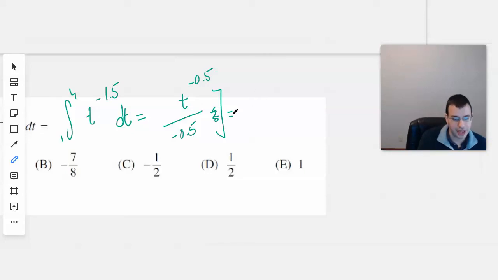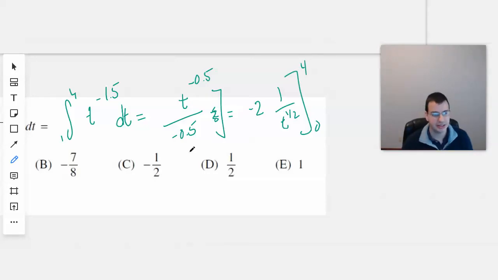So divided by negative 1/2 is the same as multiplying by negative 2. And the negative on the exponent here is the same as t to the 1/2, which is square rooted, but it's easier for me to visualize at this point as still an exponent. I try to avoid square root symbols when I can.